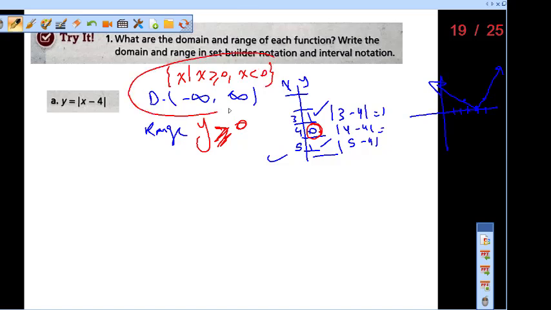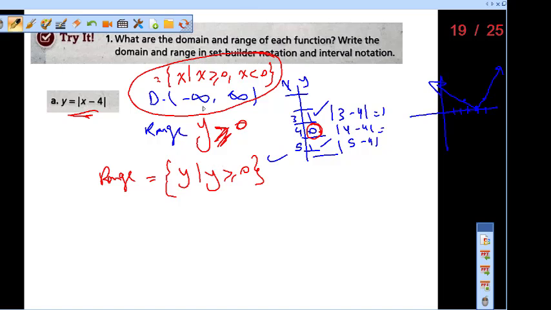This is set builder notation for domain because I care about x. In range, y given that y greater than or equal to 0. This is set builder notation, guys, for this function. This is domain and range with interval and set builder notation.